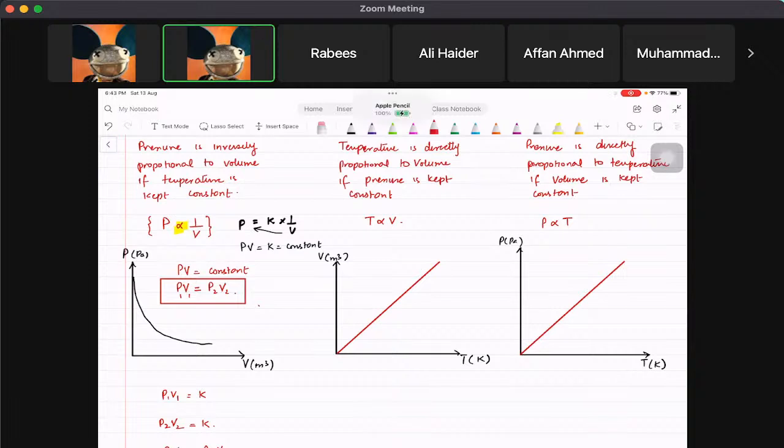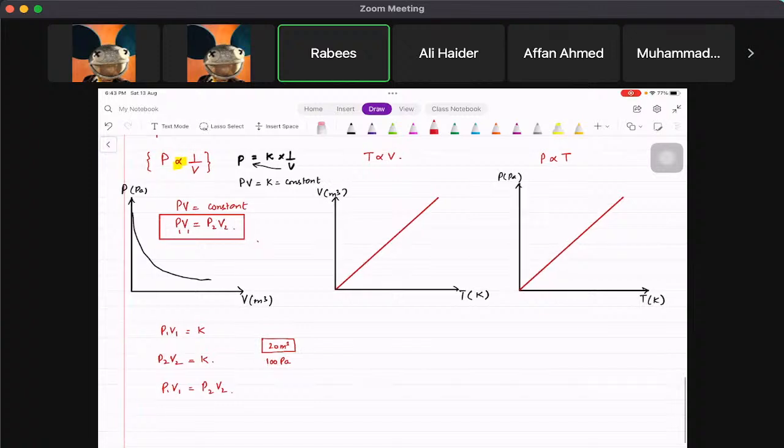Basically, like suppose there was a gas at say 100 pascals and it had a volume of 20 meter cube. Okay? Then you basically change the volume of the same gas to 40 meter cube.